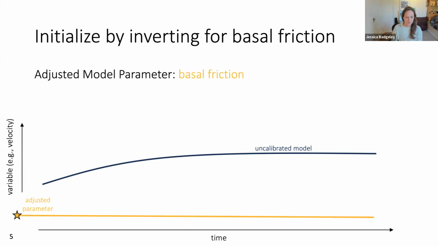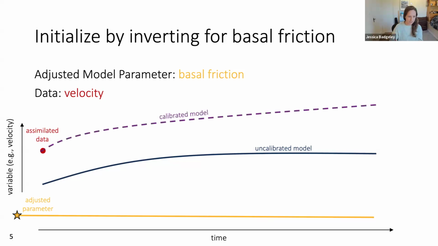And we might be able to adjust it within some constraints to match some data that we have, such as surface velocity. And so with various different data assimilation methods, you can then adjust this unknown parameter and get a calibrated model that helps you match your data quite a bit better.